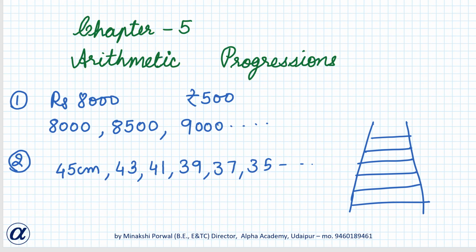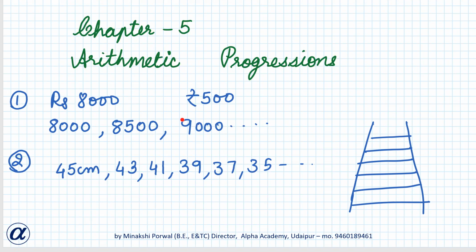Now here, what do we observe? The second term can be obtained by adding a fixed number to the first term. Like 8,500 can be obtained by adding 500 to 8,000, and 9,000 can be obtained by adding 500 to 8,500.